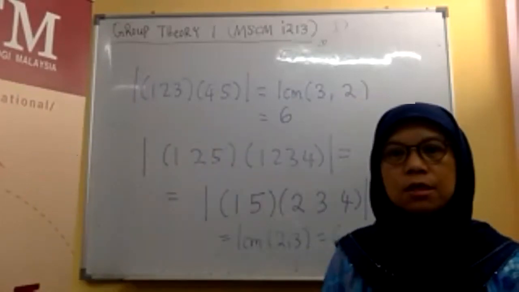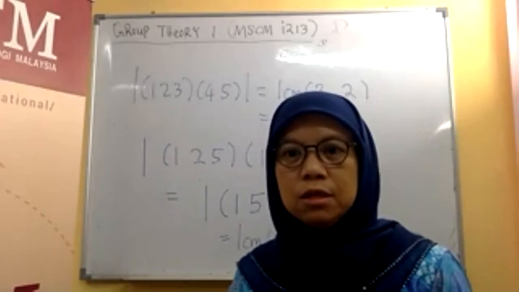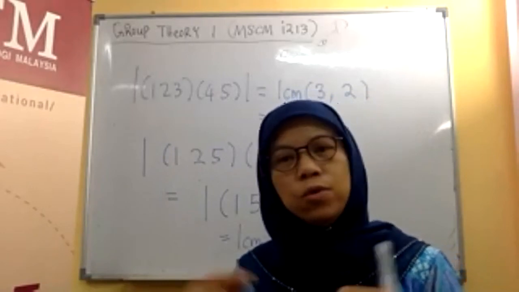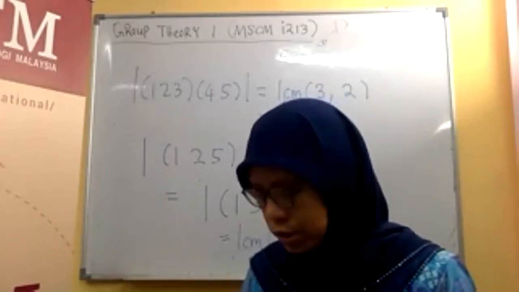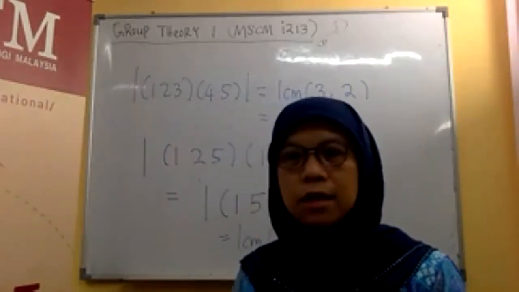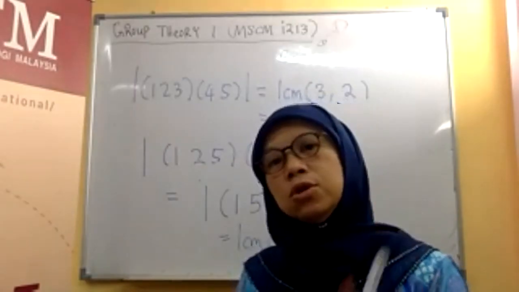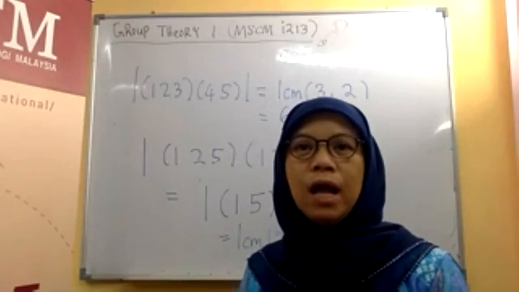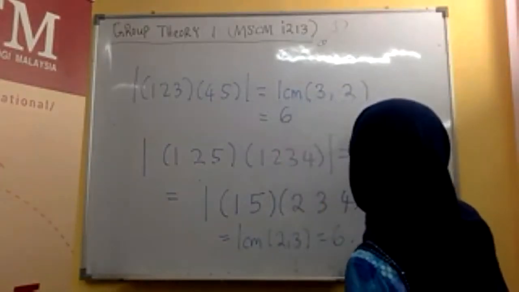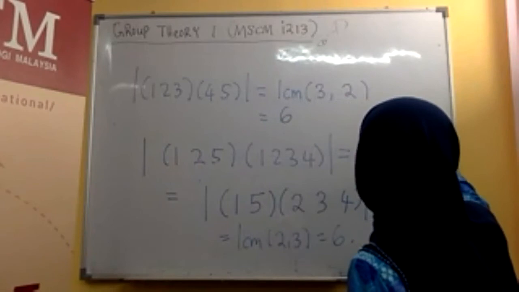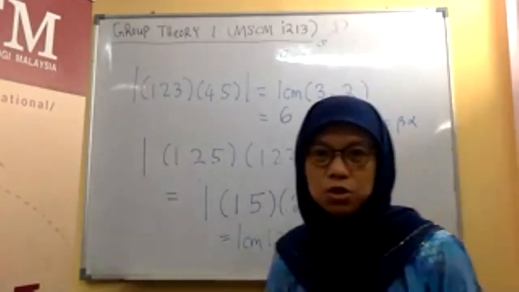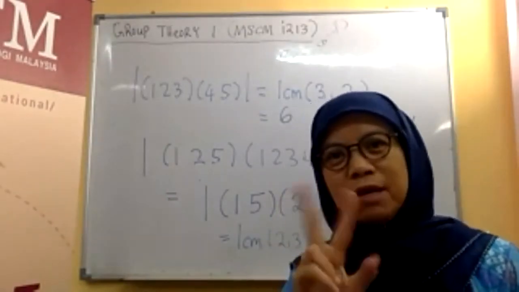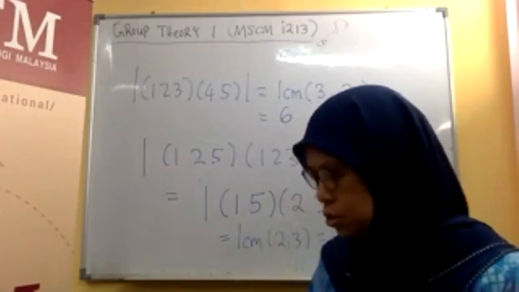Every permutation is a product of disjoint cycles. You can always multiply out and write as disjoint cycles. And the multiplication of disjoint cycles commute, alpha beta is beta alpha if they are disjoint. So you don't multiply if they are not disjoint. If they are disjoint, you can multiply.